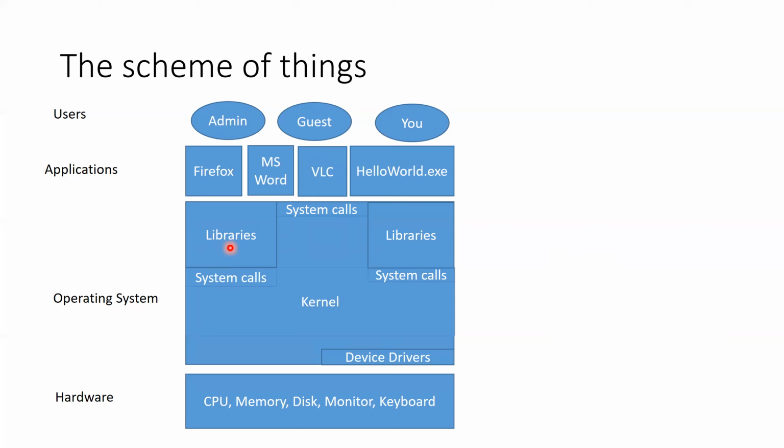Right? So we could have used the write system call directly. Applications can and sometimes do access system calls directly. But as I said, system calls usually are cumbersome to use. There is a lot of detail involved, and sometimes you need to have some knowledge of assembly and hardware.